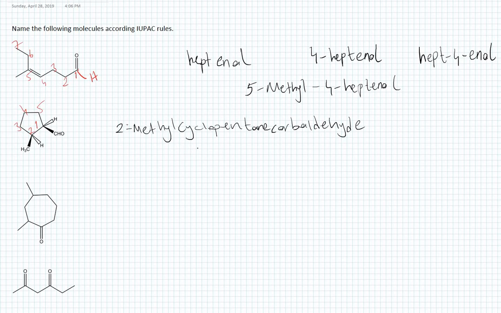So let's draw it again here. We have a cyclopentane. Here, and I'm going to do for this one hydrogen and CHO.